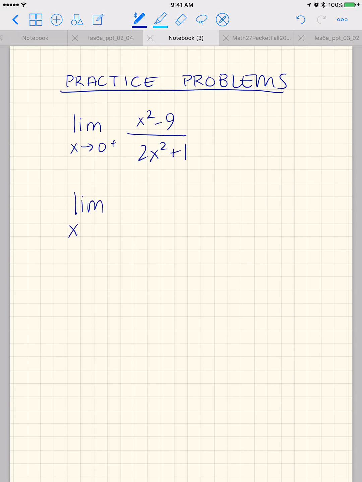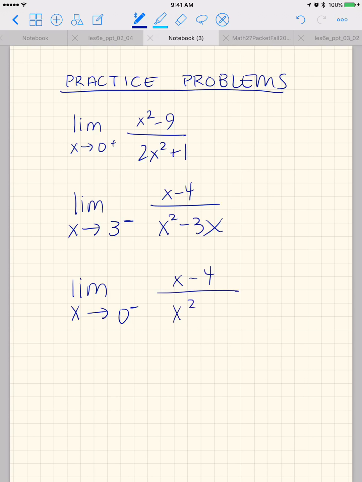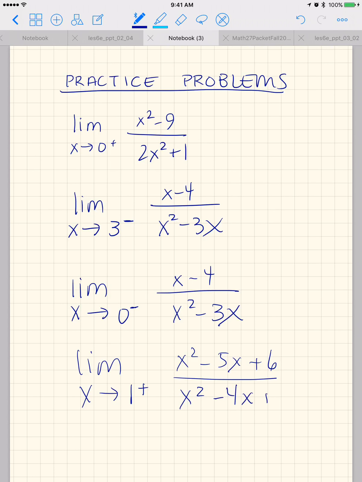Consider the limit as x goes to 3 from the left of x minus 4 over x squared minus 3x. Consider the limit as x goes to 0 from the left of x minus 4 over x squared minus 3x. And consider the limit as x goes to 1 from the right of x squared minus 5x plus 6 over x squared minus 4x plus 3.